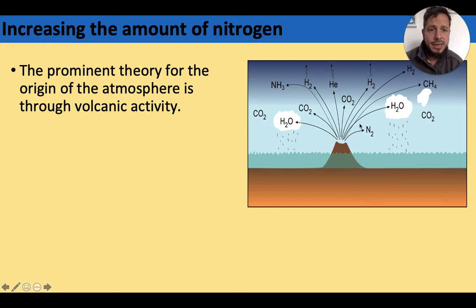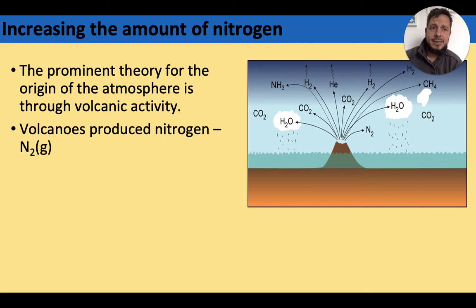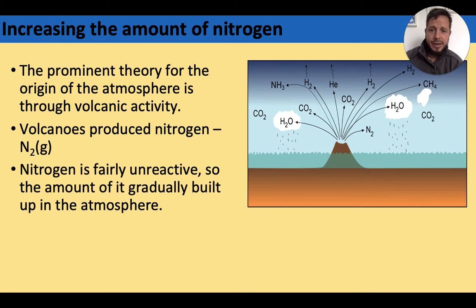So the nitrogen gas there is quite important. Because volcanoes produce nitrogen gas, and nitrogen is quite inert, not very reactive, it can gradually build up in the atmosphere. As volcanoes are spewing out more nitrogen gas, that nitrogen gas can just gradually build up in the atmosphere.